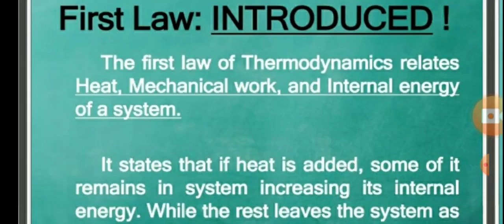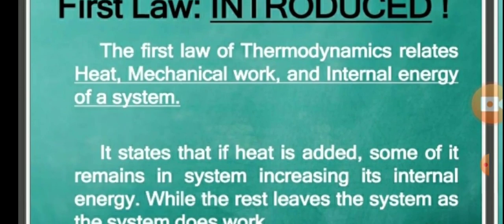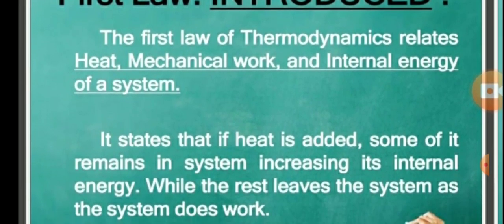So this law correlates three terms: heat, mechanical work and internal energy. By using notation we can say heat as Q, mechanical work as W and internal energy as U.